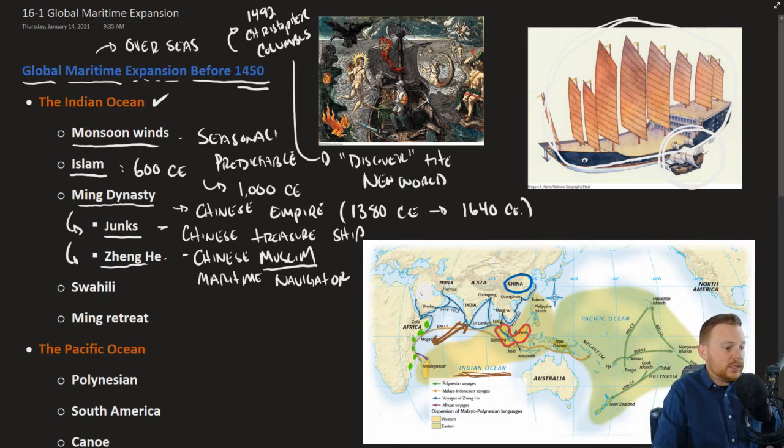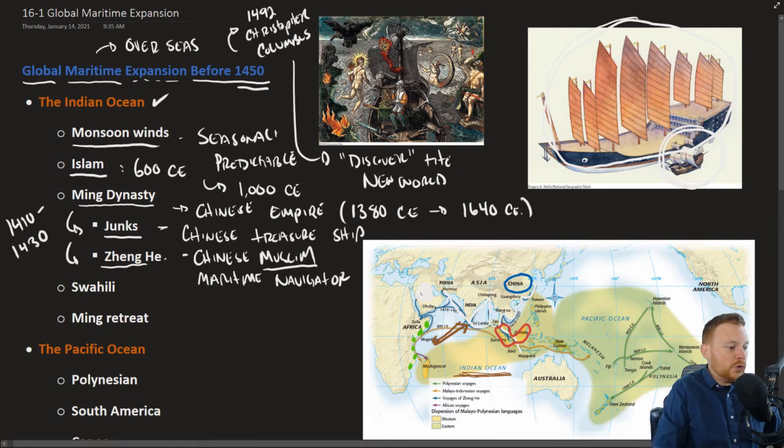In fact, these blue lines here show you all the different voyages that Zheng He took, right? So this was all the voyages of Zheng He, and these voyages took place from roughly 1410 till about 1430, right? So establishing places like the Swahili city-states.